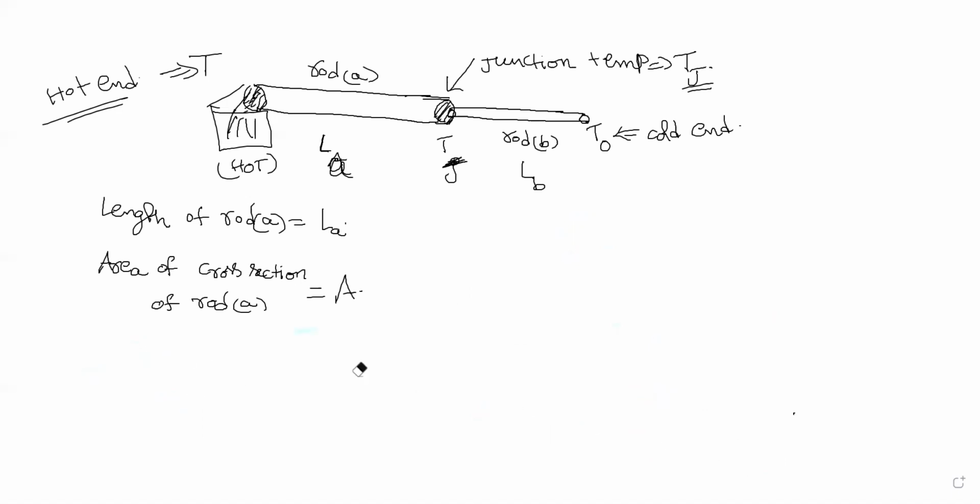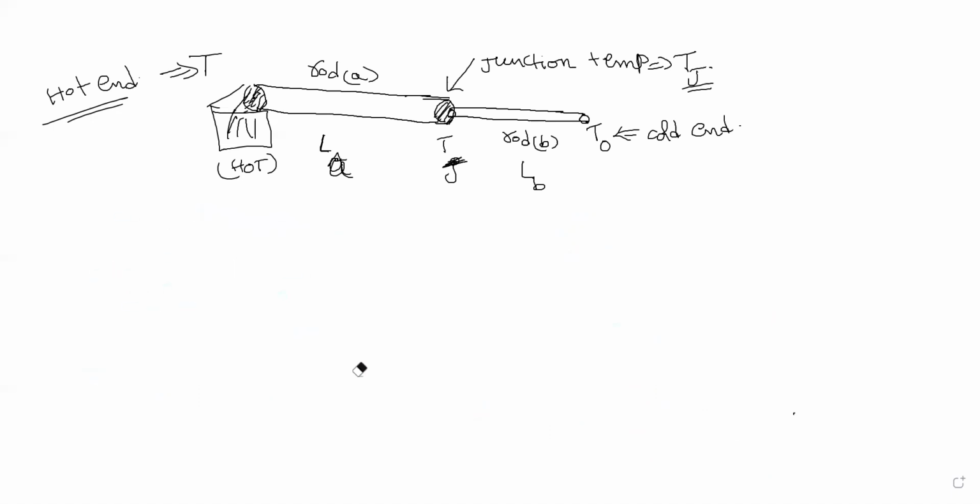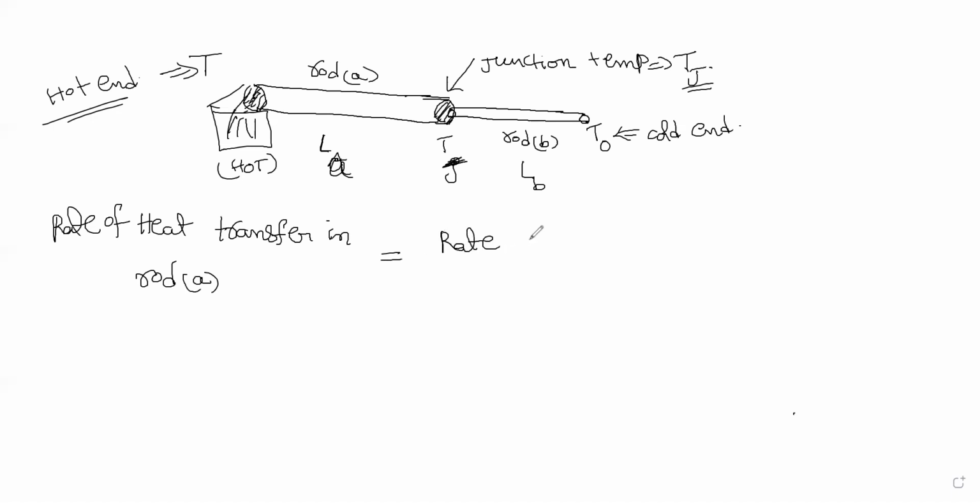By the steady state approximation, the heat transport in rod A is equal to the heat transport in rod B. So the rate of heat transfer in rod A is equal to the rate of heat transfer in rod B. This is how we write it.